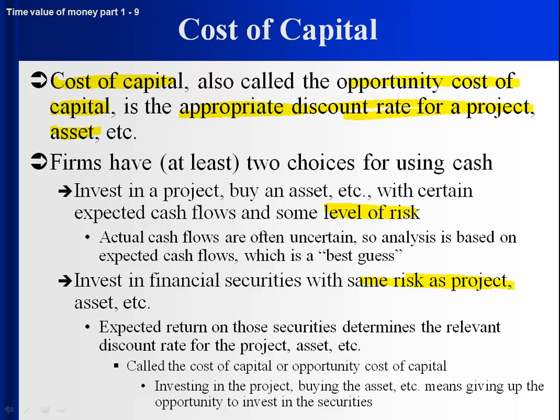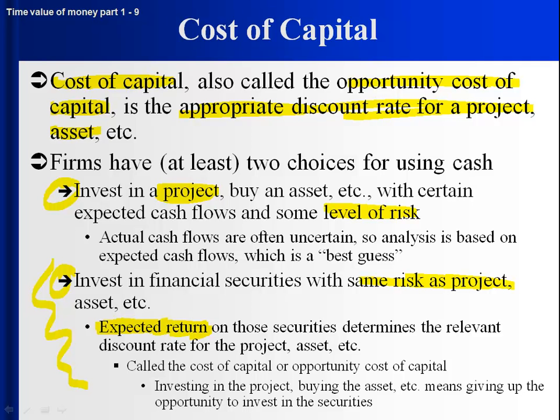So they have two alternatives that both have the same level of risk. This one has an expected return that's determined on the financial markets for all stocks, all bonds with that level of risk. They all have the same expected return. And therefore, we call it the cost of capital because the decision to pursue this project means that we give up the chance to earn this expected return.